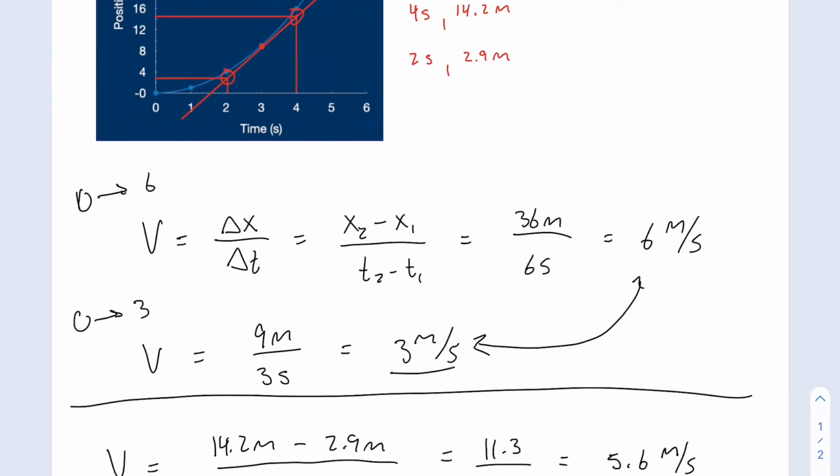And if we look, earlier we said the average velocity for the first 3 seconds was 3 meter per second, but the exact velocity at 3 seconds is more like 5.6 meter per second. So that's how you find instantaneous velocity if you're just given the graph but no function. Okay, later on we'll learn how to use calculus if given a function to find the instantaneous velocity.